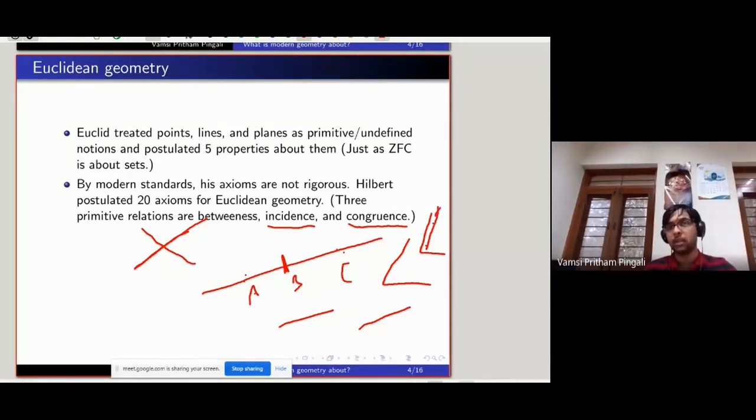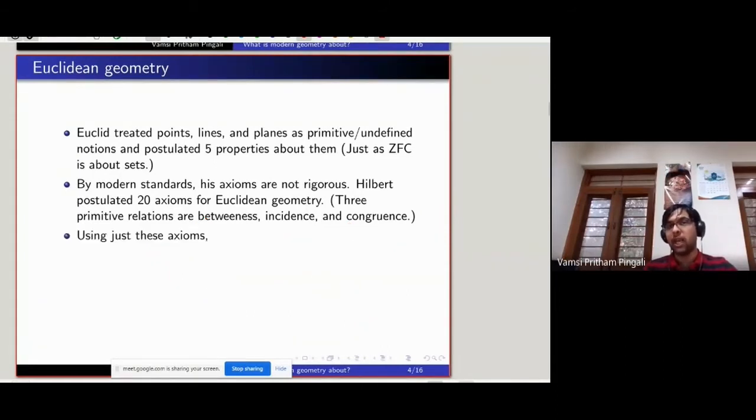Okay. Now, with these 20 axioms, the beautiful thing is we can actually define the entire real number system. That is, in these 20 axioms, you can take a standard length and you can define all of real numbers by using just the standard length and these axioms.